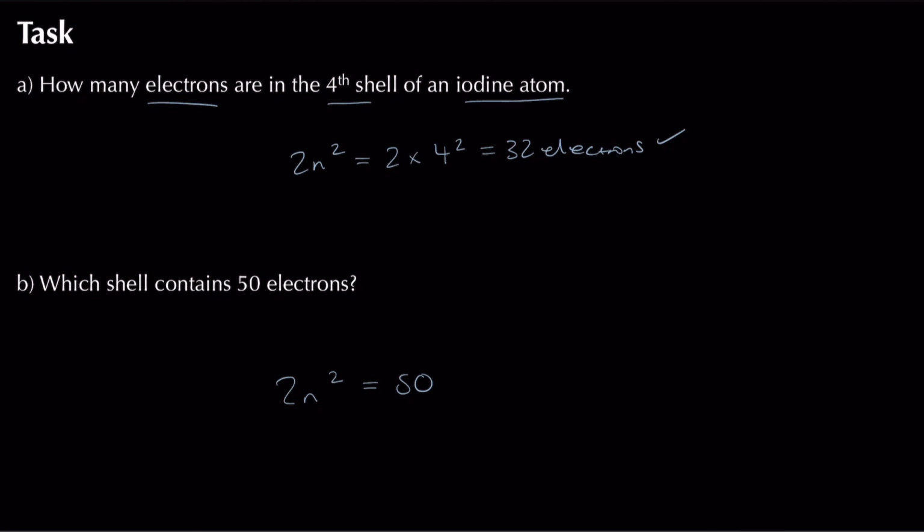I divide by 2 on both sides to begin with, which leaves n squared equal to 25. Then I square root both sides, and I'm left with n equal to 5. So we're dealing with the fifth shell, and our principal quantum number is equal to 5.